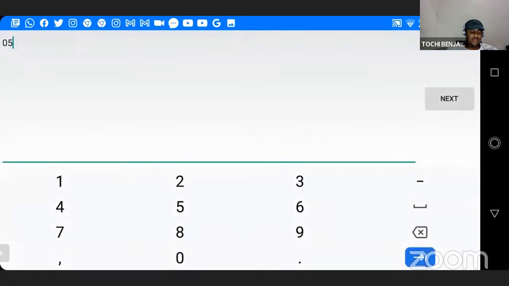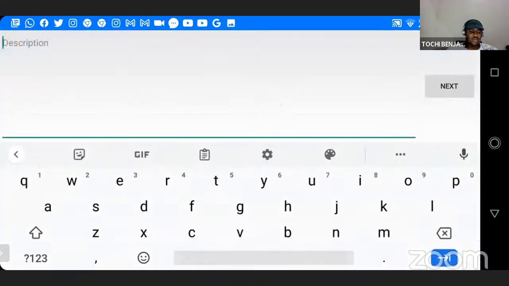Have 50, 80, and let's have 20. 30 is buy.